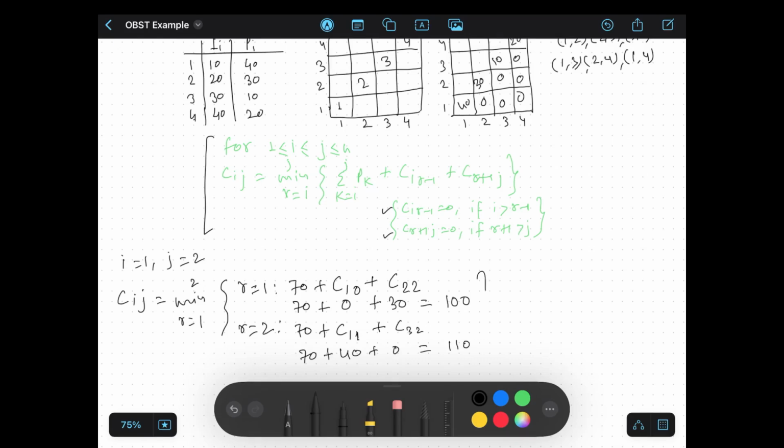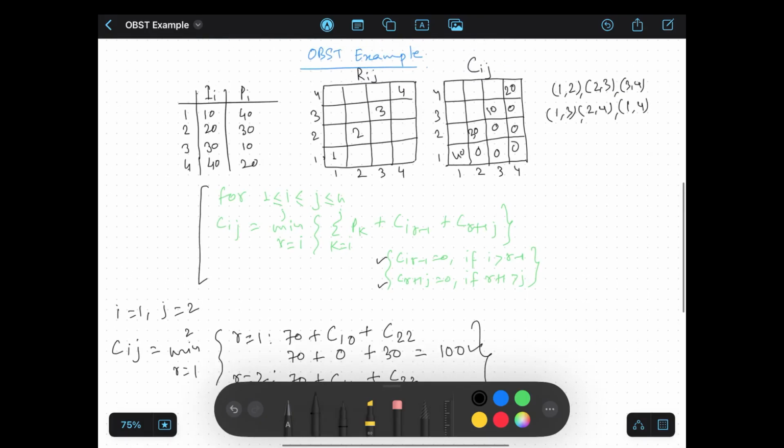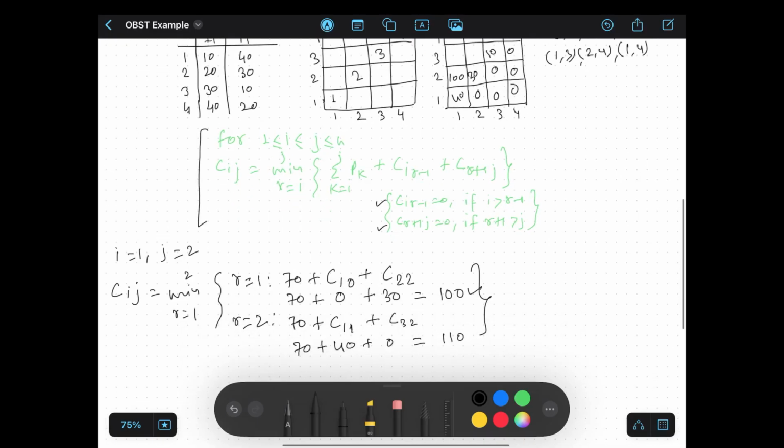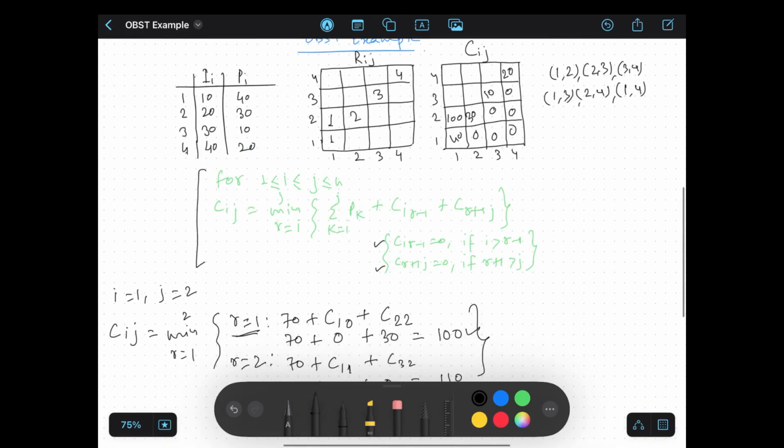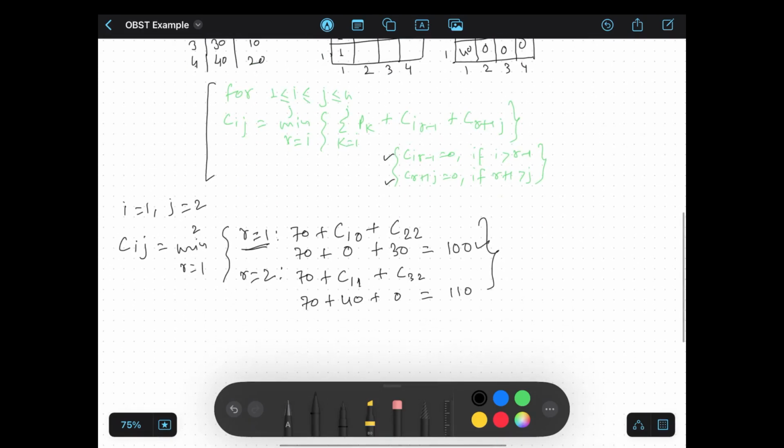So we have the minimum value equal to 100. This means C of 1, 2 is going to be 100, and we have picked r is equal to 1, which means item 1, and we are going to put 1 in cell 1, 2.